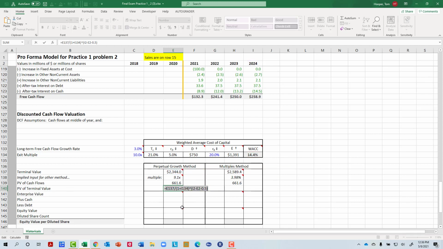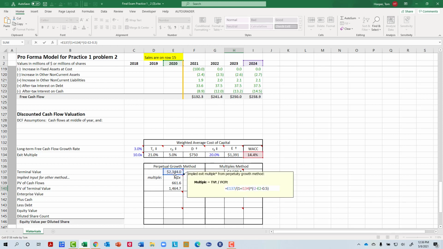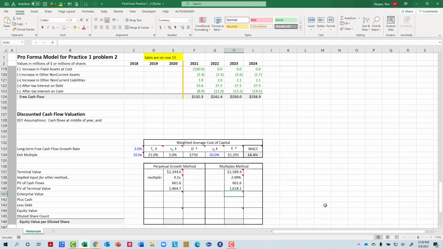What I'm going to do is Control A, copy, come over here and paste that in. And the only thing that changes in all of that is what I'm using for terminal value. So then I can say, okay. The enterprise value should be the PV of the cash flows plus PV of the terminal value.